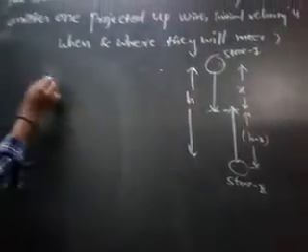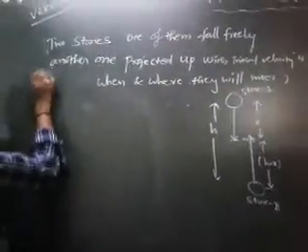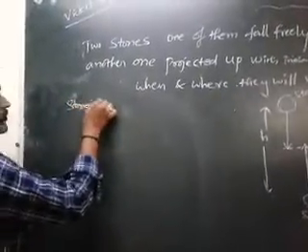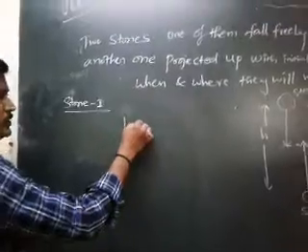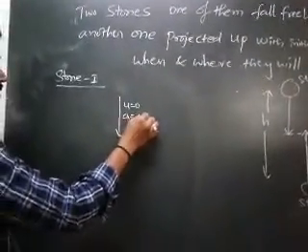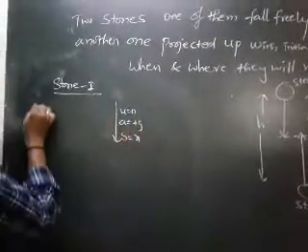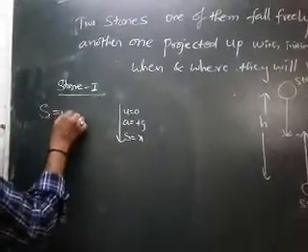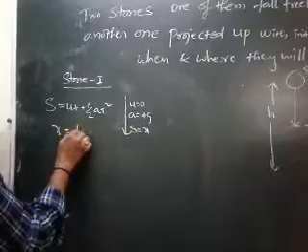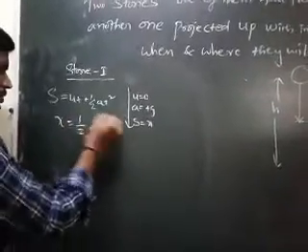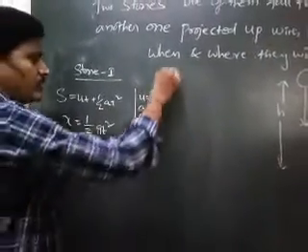When and where will they meet? Stone 1 is falling freely, so u is 0, a is plus g, and the displacement is x. Therefore s is equal to ut plus half at square, so x is equal to half g t square.